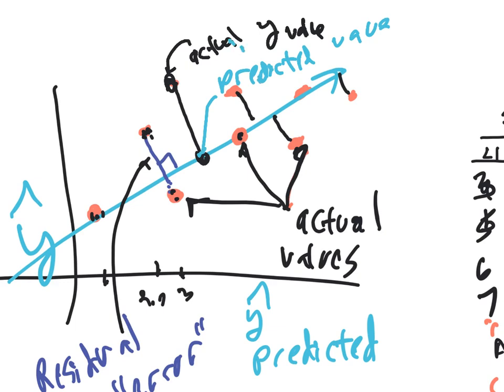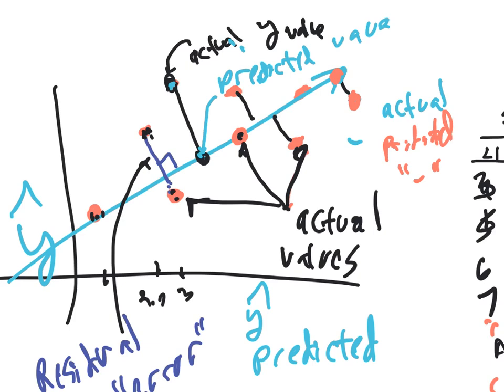That difference is the length of your residual. And since it's above the line, it would be a positive residual. This actual minus the predicted that would be on the line, actual, predicted, would be a negative residual because the actual was lower than the predicted value.